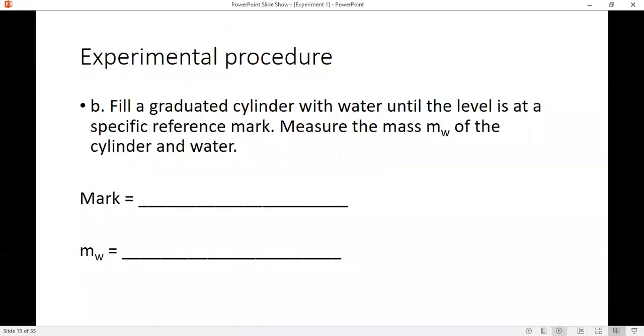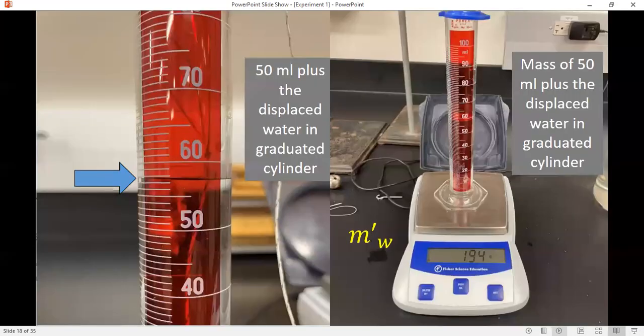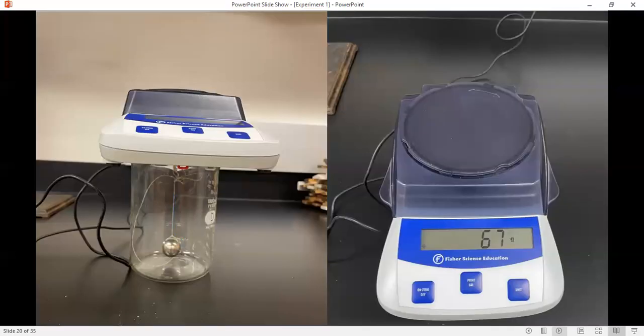I wanted to make sure that the scale was working fine and that the hook and the string don't affect the measurements that I make. So there it is unsubmerged. So that gives me my actual mass, M0, the mass of the object.